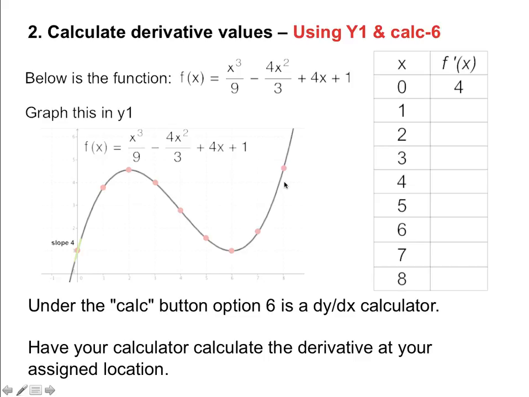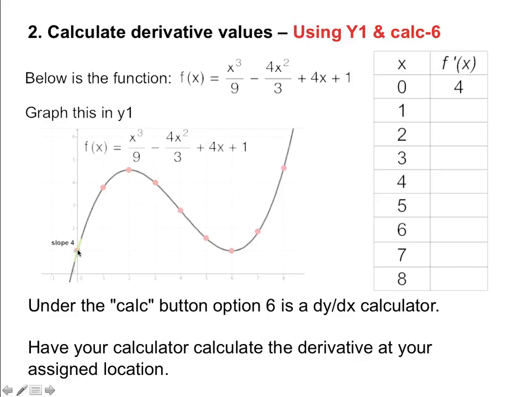Now we're going to calculate the derivative right inside the grapher. Right now you're in the grapher screen. Under the Calc button, you're going to choose option 6. So you're going to do second Calc 6, and option 6 is a dy/dx calculator.